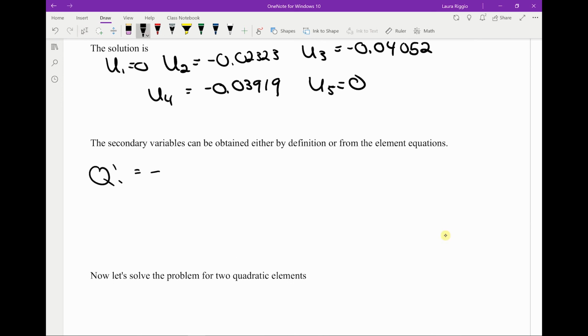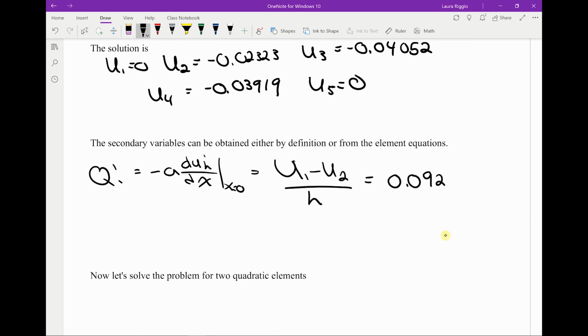Q11 is minus A du dx at x equals 0, which is U1 minus U2 over H, 0.09293.